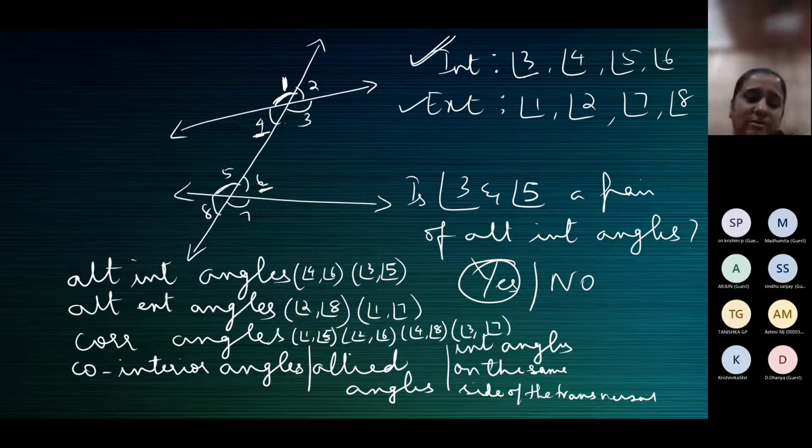Co-interior angles. Next one. As the name suggests, like you say co-worker, somebody who works with you, or co-passenger, a passenger who's traveling with you on the same train or bus, co-interior. So they are interior angles and they are like next to each other kind of.